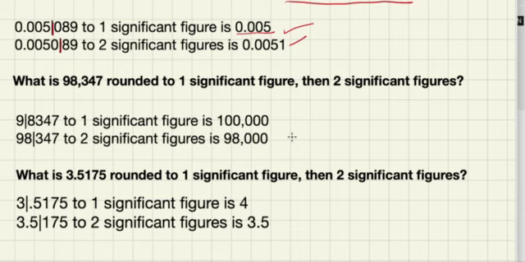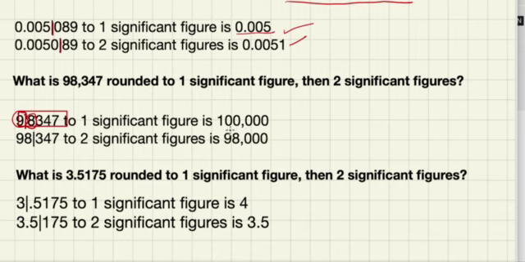So what I want you to do is just blank out the right hand side of the screen. Just focus your mind on these numbers. Again we're being asked to round to one significant figure and then two significant figures. It starts off with 9. So to one significant figure, you draw this line in your mind. 8 is higher than 5, and therefore this value would increase.